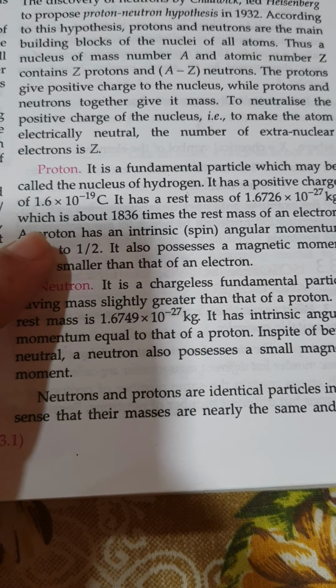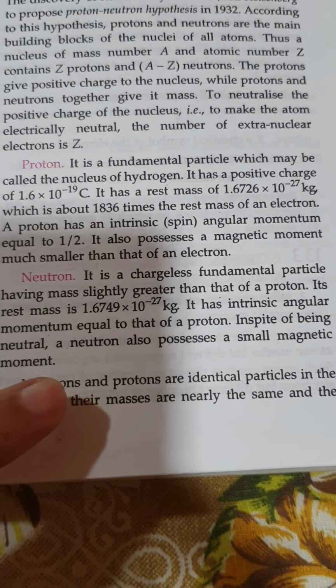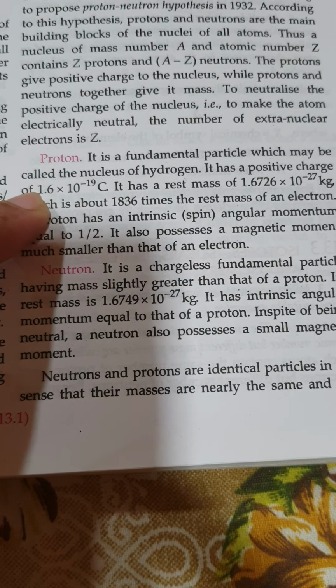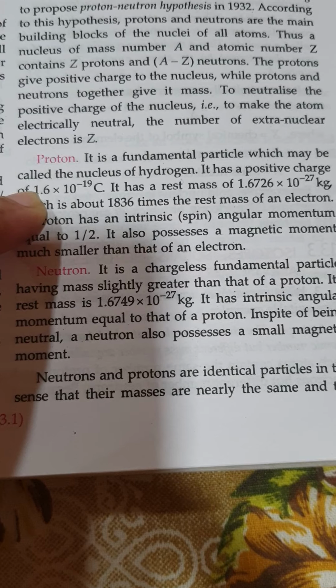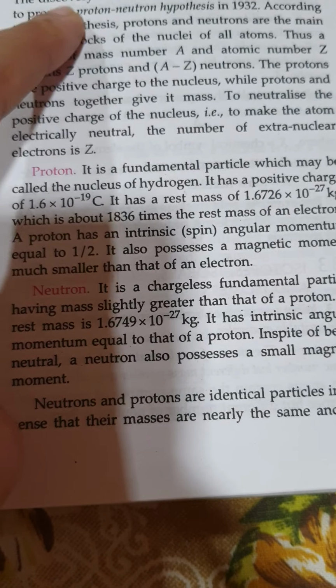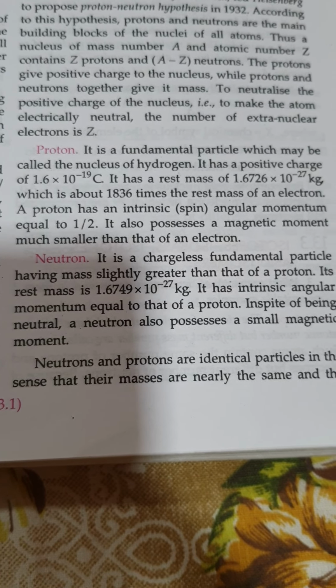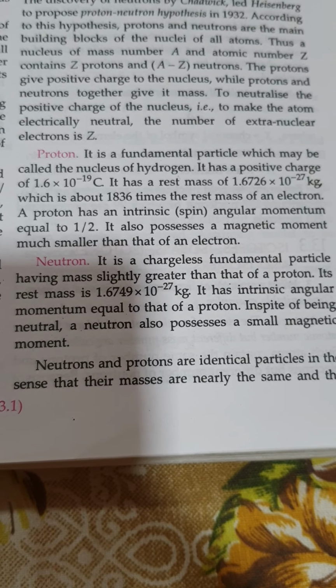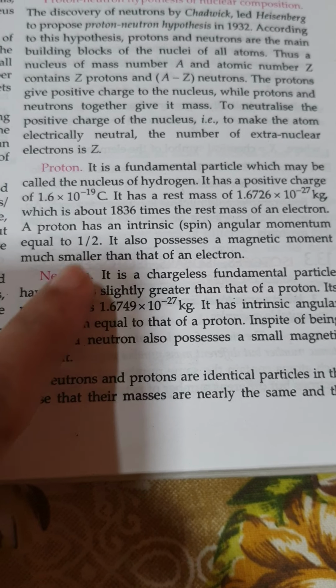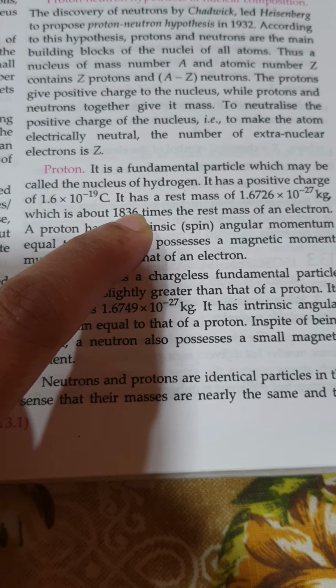Now see, the proton has positive charge, the electron has the same magnitude of charge, but negative. And the mass of the proton and the neutron are nearly the same, and that is nearly 1836 times heavier than the electron.